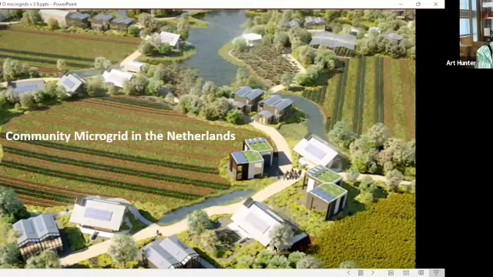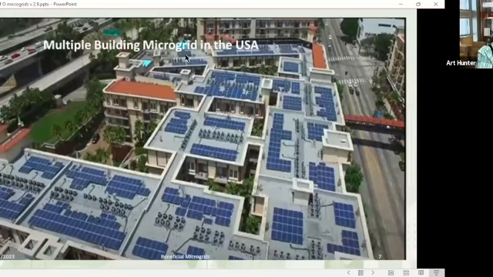As you can see, everyone in this community has got some solar on their roof, and they've all got a battery. And they're all interconnected, and they work together. And here's one in the U.S. with multiple buildings in a community microgrid, all with solar on the roof.